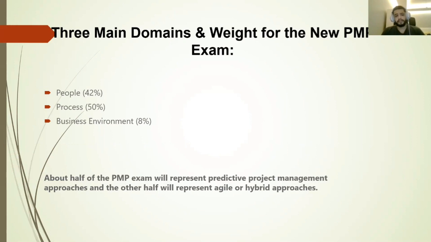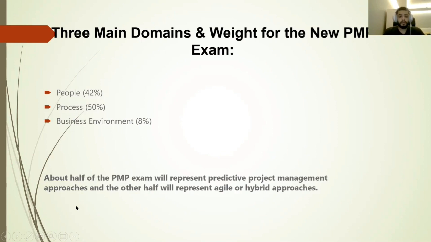People is 42%, process is 50%, business environment is 8%. You can see here the 50% is the most important, the process, and then the people, then the business environment. Maybe if you don't study business environment, you might still pass the course.